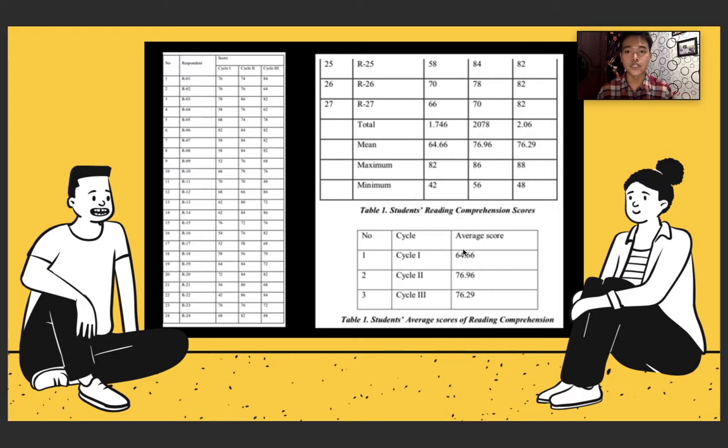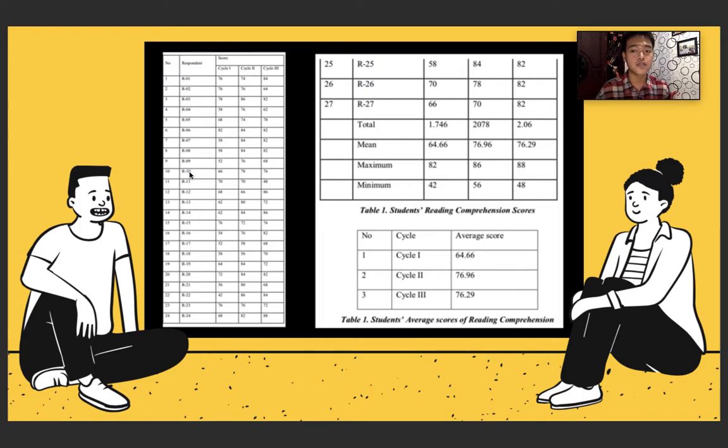As you can see, from cycle 1 to cycle 2, the students experienced much more significant progress. Let's take a look at the example of respondent number 10.